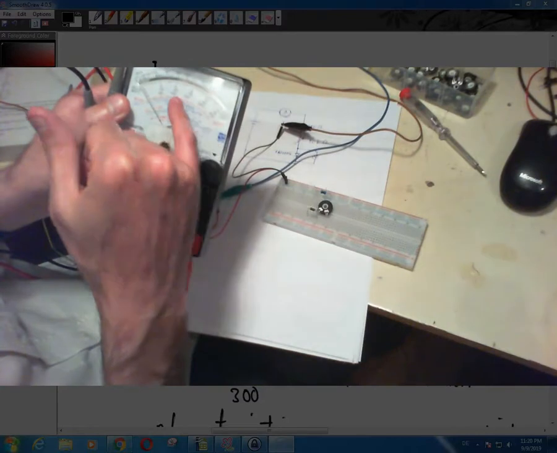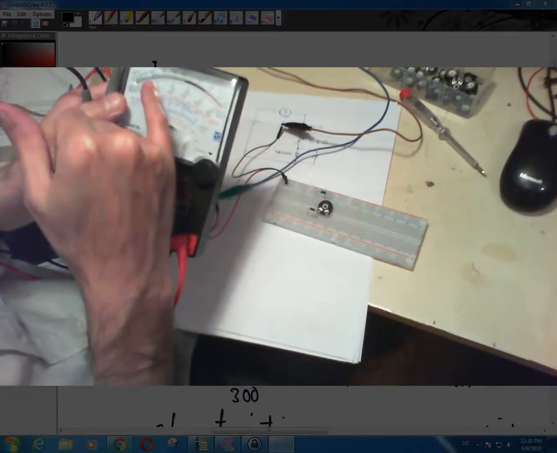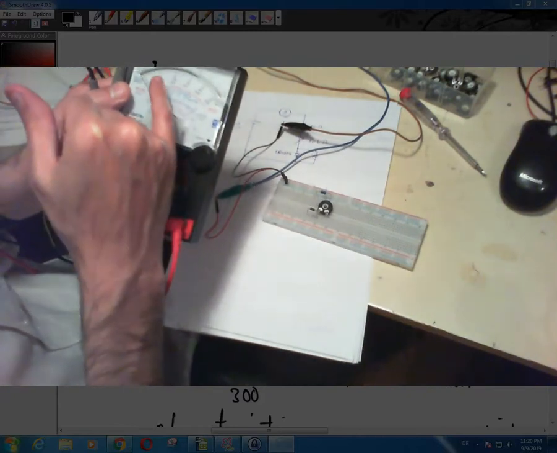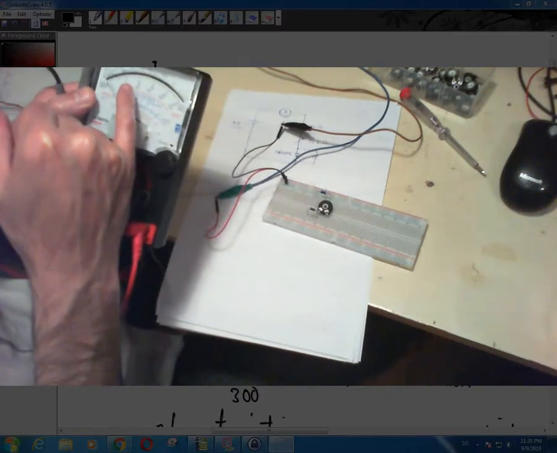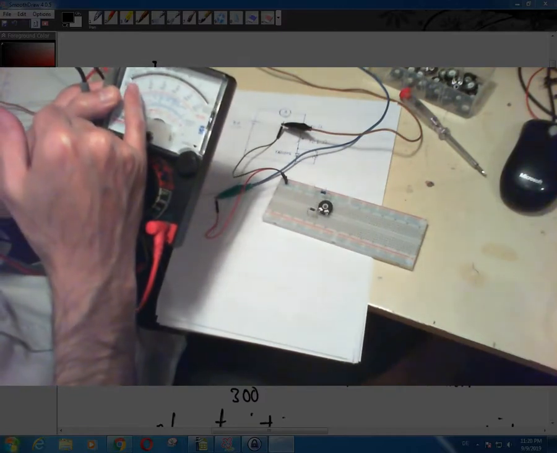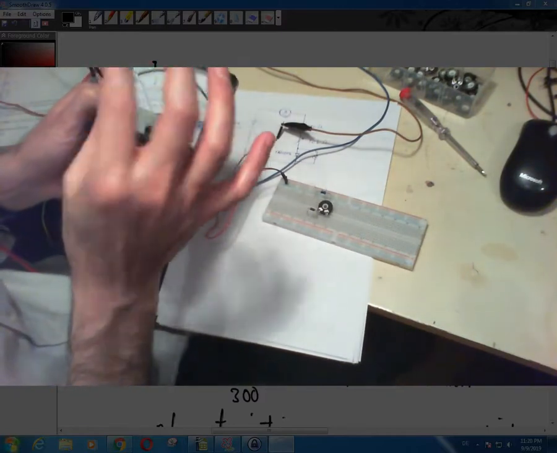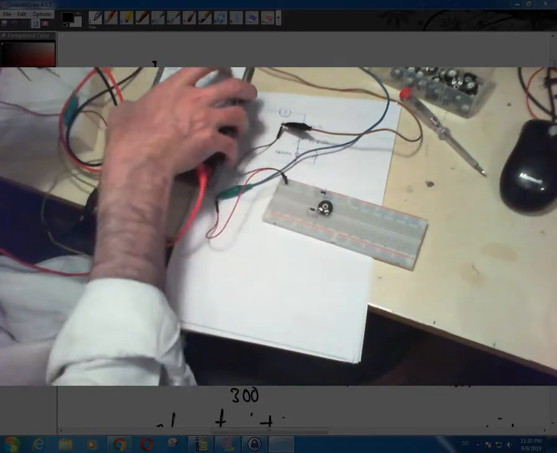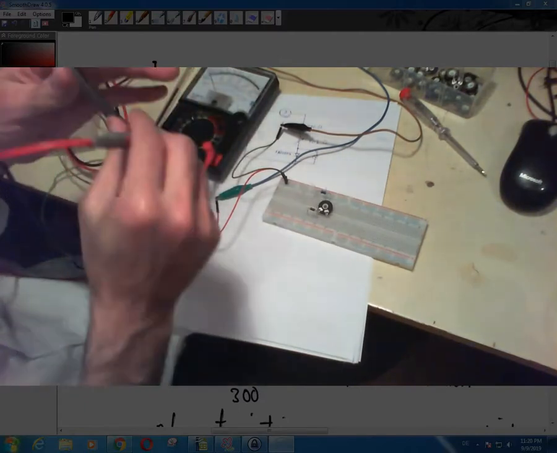For example, I have to read between 10 and 20, and there are 10 equal distances between 10 and 20, and 10 divided by 10 means each equal distance is equal to 1. So this is about 14 volts, I suppose.